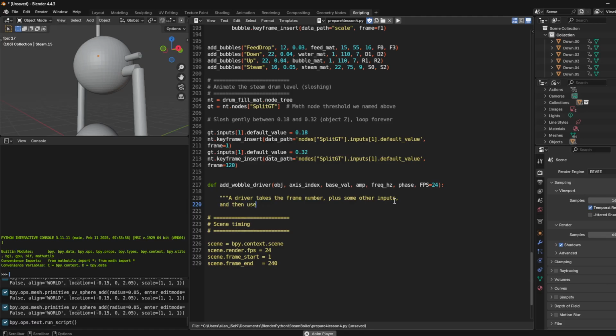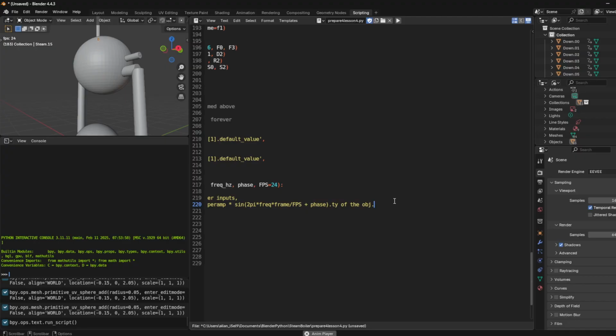Then we use an equation to change a specific property of the object. We're going to create an equation and comment it: 2 pi times frequency times frame divided by FPS plus phase, applied to the property of the object.